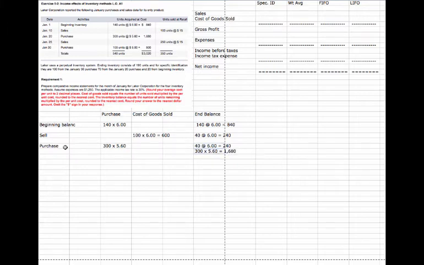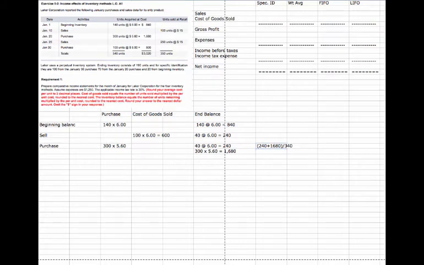Now if I add these two together, we have a difference in price here, $6 and $5.60, so our average cost is going to change. So what we have over here is we have $240. We'll put a little formula here. $240 plus the 1,680 divided by the number of units we have. We have 40 units from what we started with plus another 300. So we have 340 units.